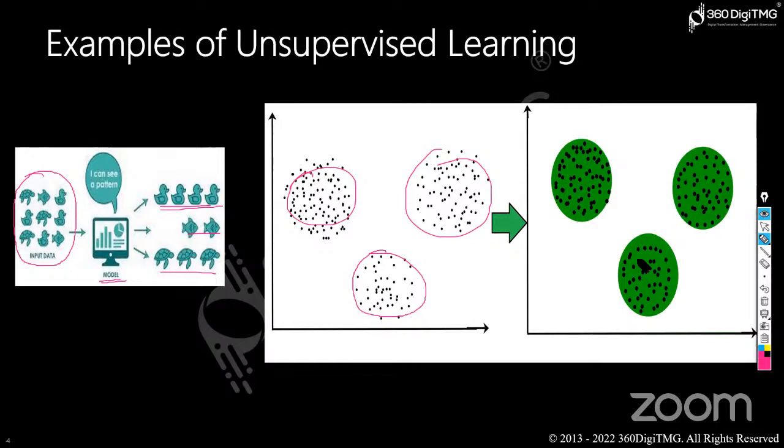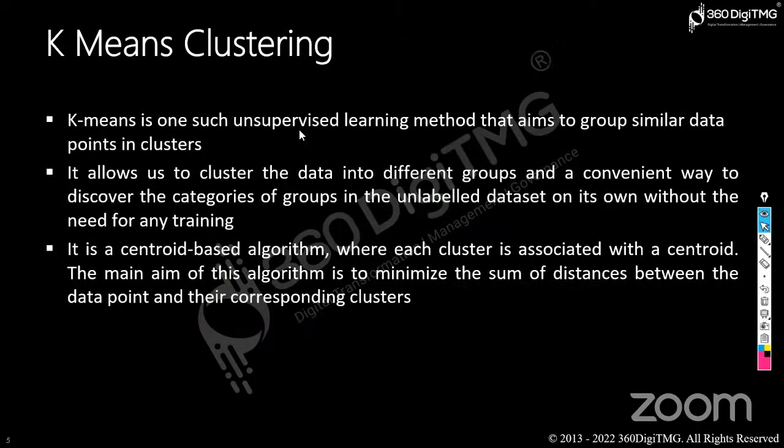We are trying to understand what kind of characteristics this group contains. Because of the similarity or consistency, the characteristics will be similar. So it becomes easy for us to manage the clusters rather than manage the entire data set. So that is about your unsupervised learning technique.